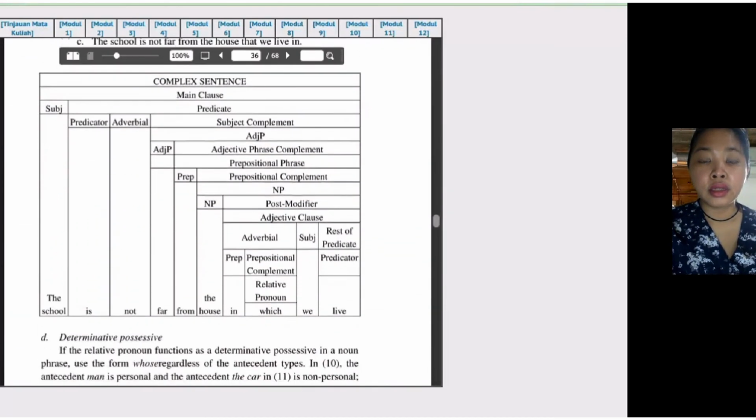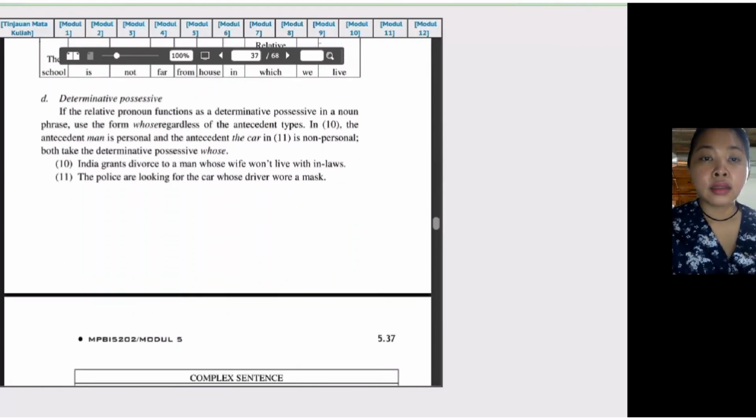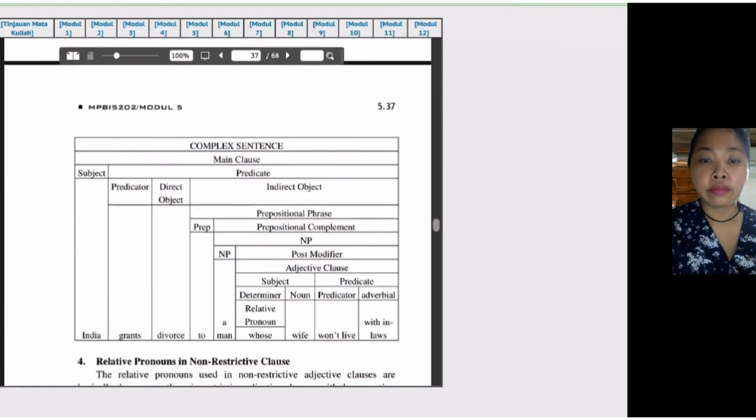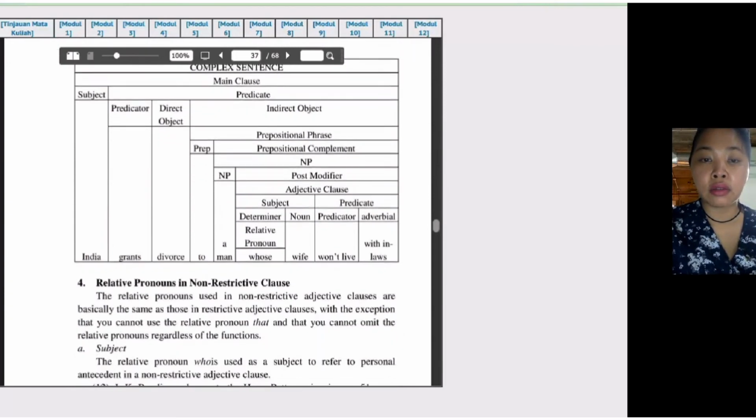And this one here is also prepositions: the school is not far from the house in which we live, with the noun phrase first and then the post modifier. And the determinative possessive here is: India grants divorce to a man whose wife won't live with in-laws.